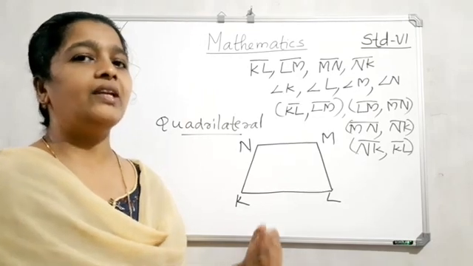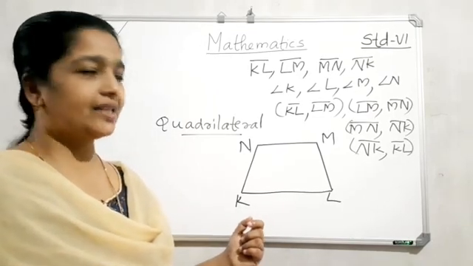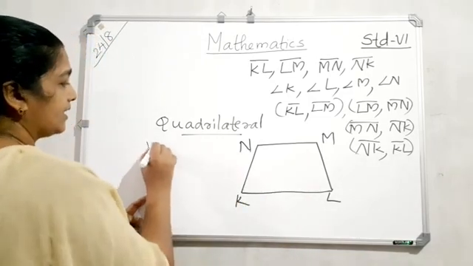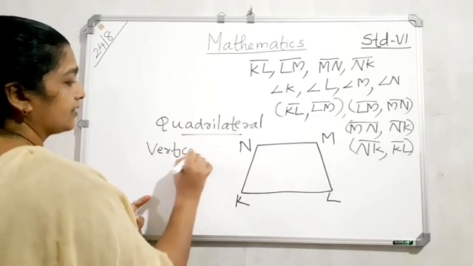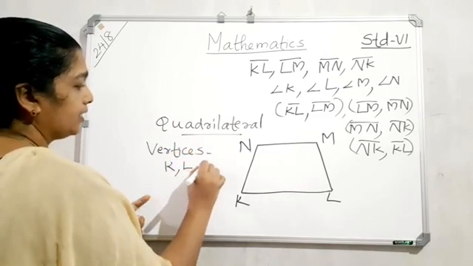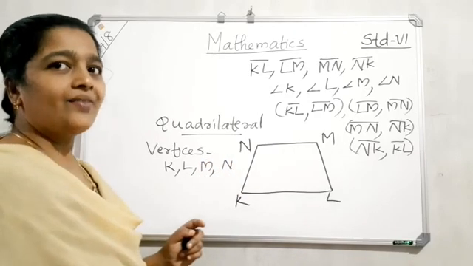Then how many vertices are here? 4 vertices: point K, point L, point M and point N are known as vertices. Then what are the adjacent vertices?